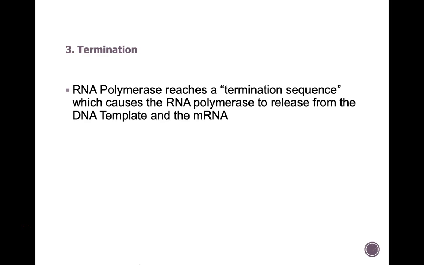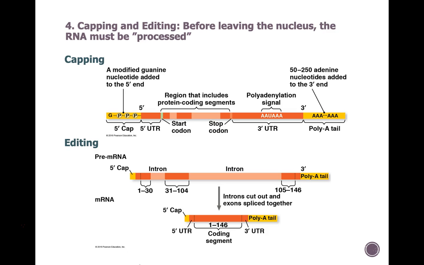It's all done. If it is a prokaryotic cell, it will just go right on over to the ribosome where it's going to be turned immediately into a protein. If it's in a eukaryotic cell, that messenger RNA has to be processed. The reason is that it has to be stabilized so that it can be moved from the nucleus where the DNA is housed out to the cytoplasm where the ribosomes are.